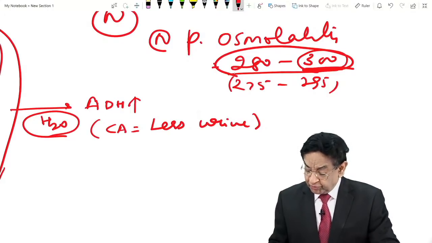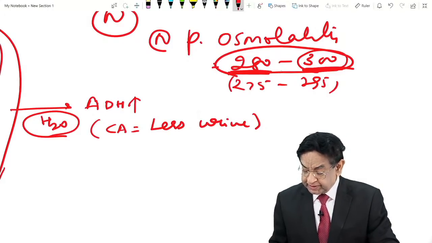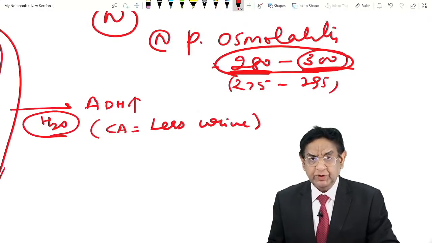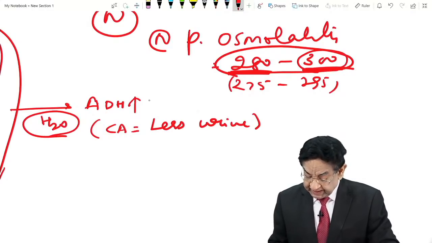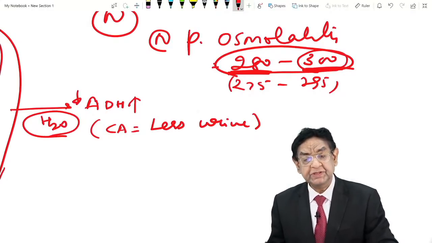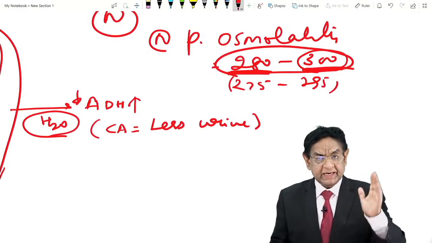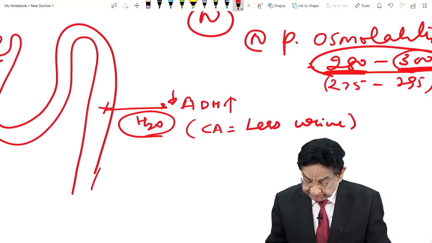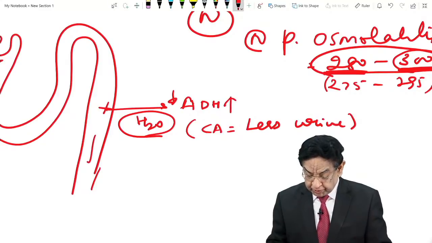Now suppose the plasma osmolality has come to 280. The body will secrete less ADH, so there is less water reabsorption, and the body will try to lose more and more water.